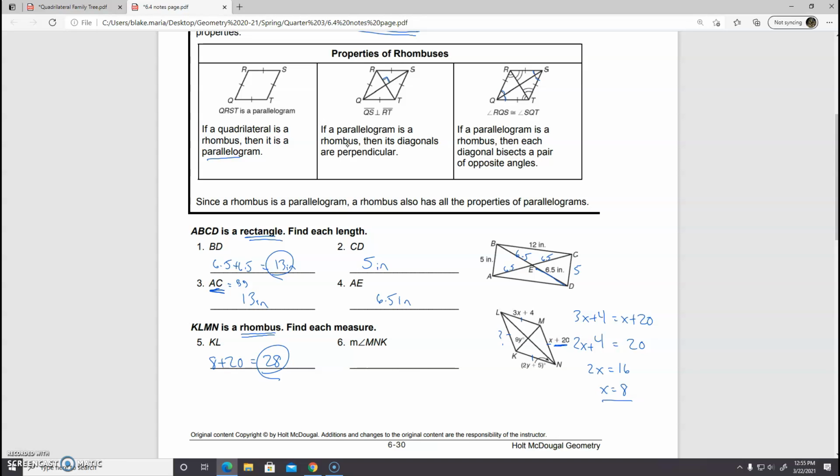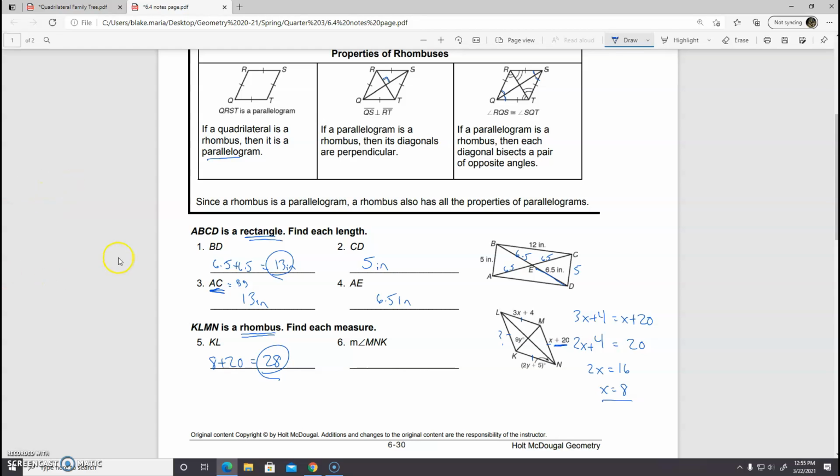The next one asked you for the measure of angle MNK. MNK is this whole angle going on here. Well, we first need y, right? You need y. But I don't see anything I can set it equal to here. So we're looking in our picture for another y.